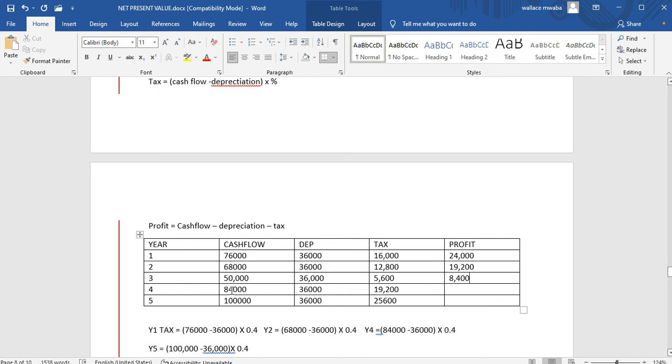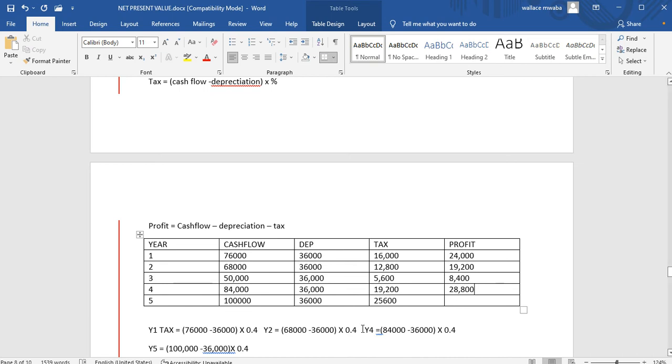Then year 4, 84,000 minus 36,000 minus 19,200, you get 28,800.